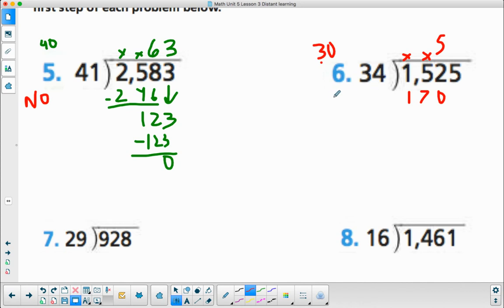I overestimated. I'm just going to write over just because it's so hard. When we overestimate, we need to erase and adjust our quotient down 1 from 5 to 4. 4 multiplied by 34 is 136.